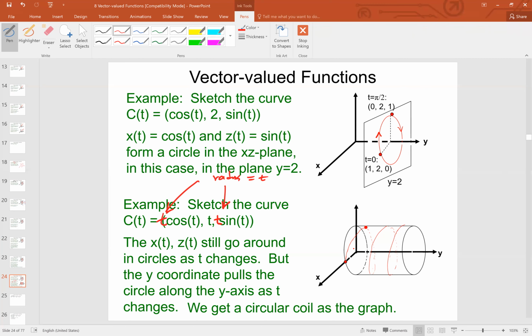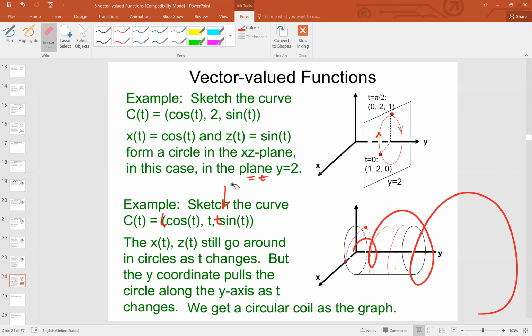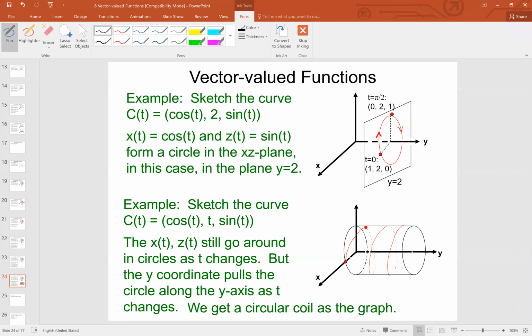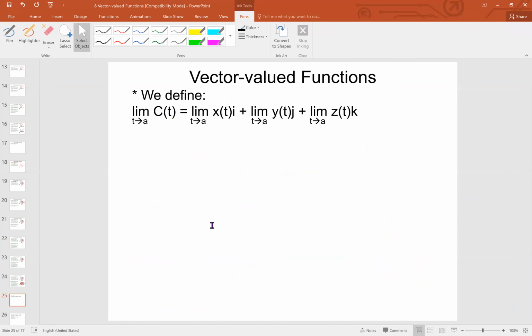Meaning the point is spiraling out with a bigger and bigger radius. So I can do things like that to create all these interesting spirals. In particular, this one is along the y-axis because that component acts like the time component.